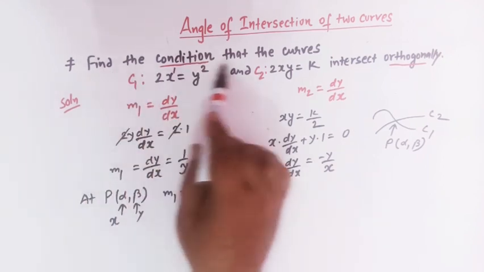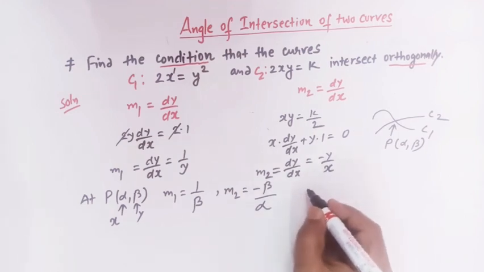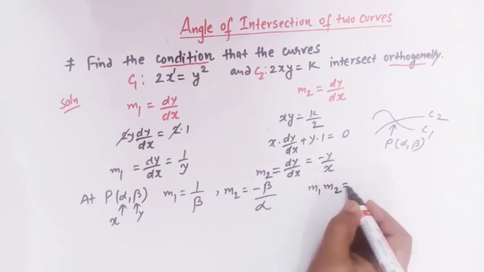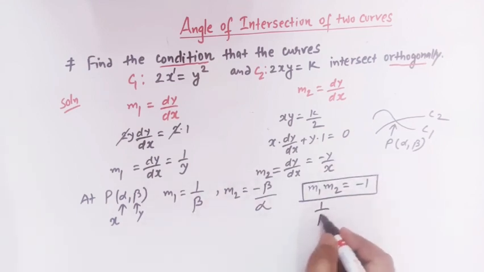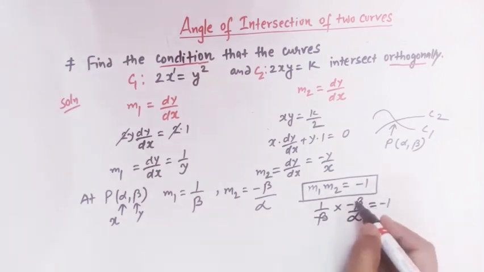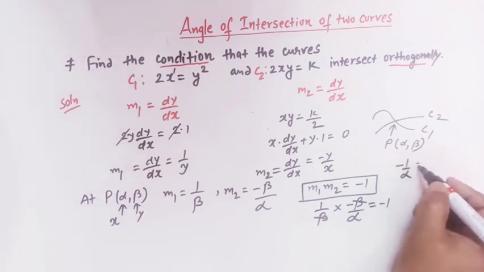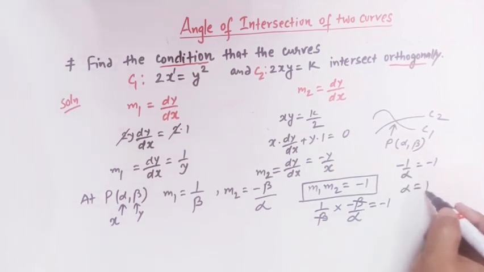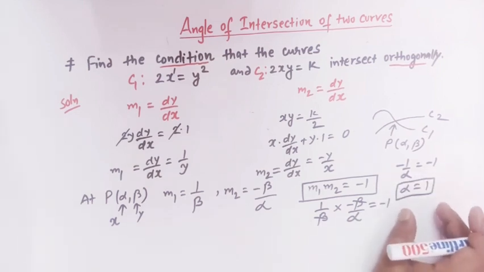Now here we are given that the two curves intersect orthogonally. So for the two curves to be orthogonal, the condition is the product of the slopes should be equal to minus 1. So m1 is 1 over beta, m2 is minus beta over alpha, that is equal to minus 1. So here beta and beta get cancelled. So we have minus 1 over alpha is equal to minus 1. So alpha is equal to 1, right? So the value of alpha is 1.